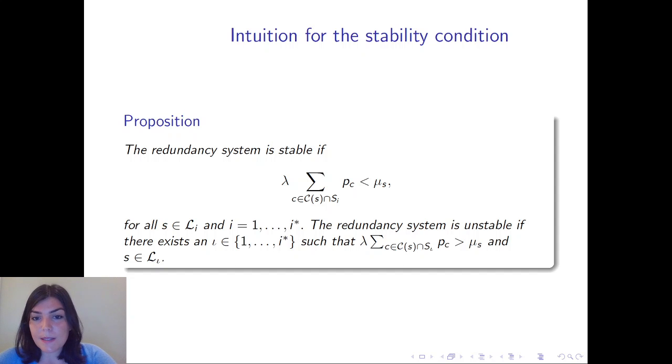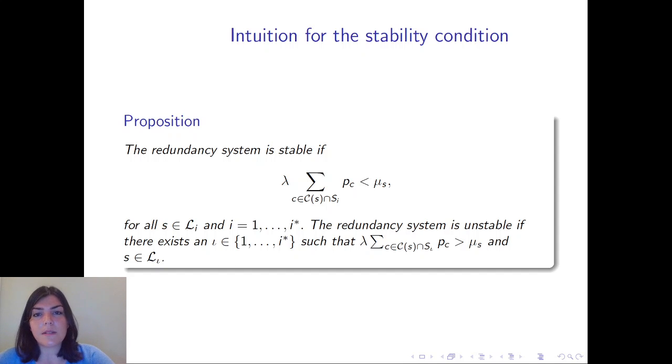For every subsystem, every server with the minimum load in this subsystem, the arrival rate to that server, which is given by lambda times the fraction of arrivals that go to this server and are also in the corresponding subsystem, needs to be smaller than the capacity of the server.